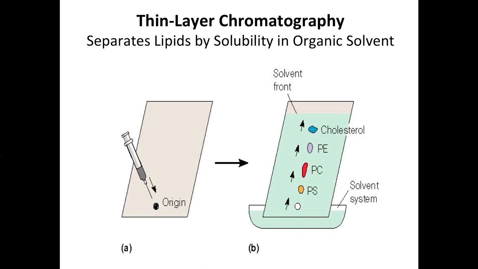Those are all different types of phospholipids, and you would need to make an interpretation. So if this was a very hydrophobic solvent, then you would say cholesterol is the most non-polar molecule, and then PE, and then PC, and then PS. If the solvent had been more polar, and this is the spots that you get, then you would say cholesterol is the most polar.